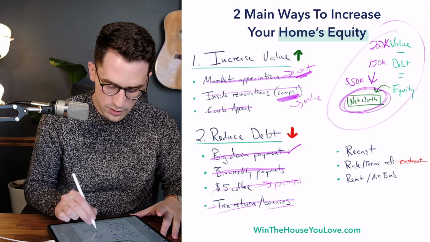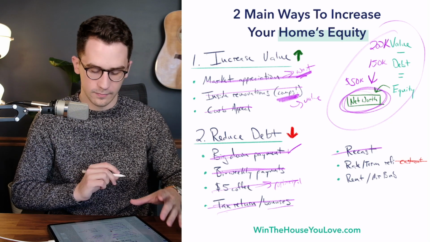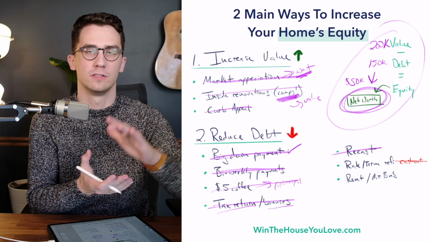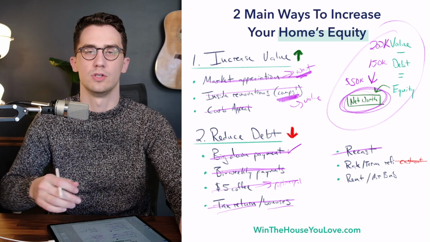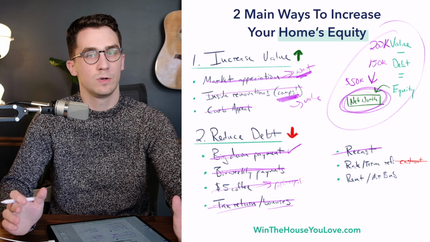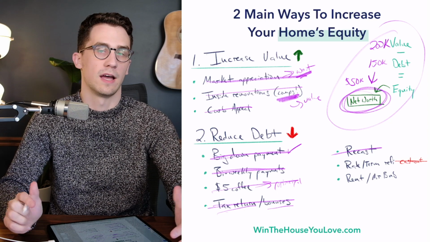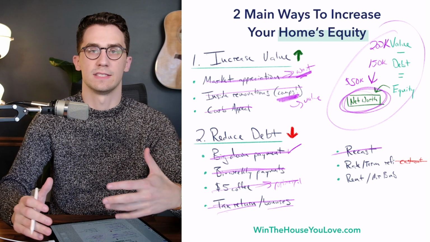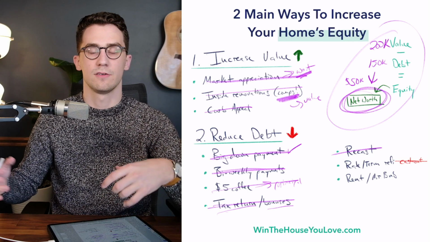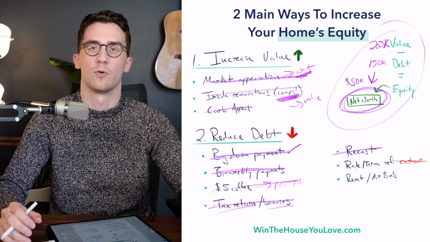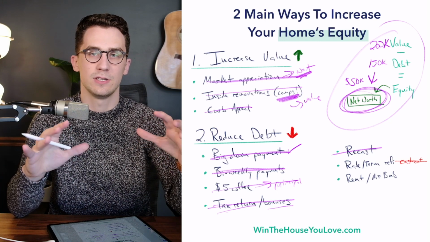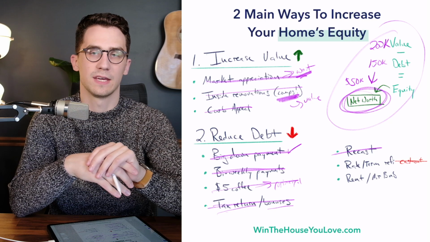Another thing that you can do is what's called a recast. And a recast is where you would put a lump sum of money onto the principal of your mortgage. This is one of the quickest ways to pay down your debt. So basically with a recast, you might say, hey, I have an additional $5,000. I'm going to go put that on the principal of my mortgage. And then what can happen is your mortgage lender can actually decrease your monthly payment because of that, right?